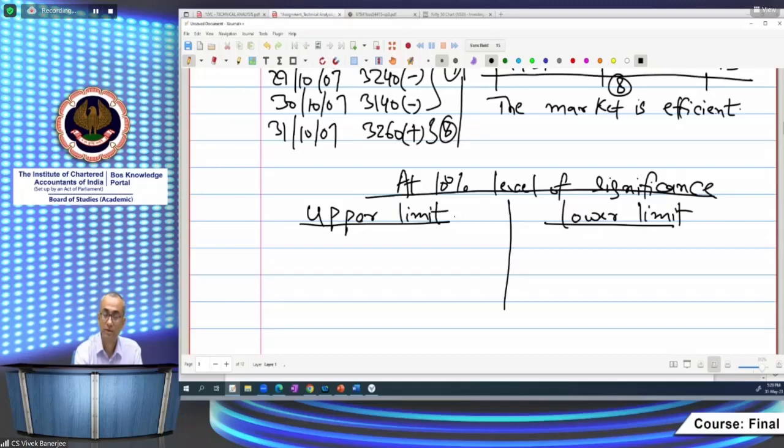The formula for the upper limit is mu plus t into standard deviation, and the lower limit is mu minus t multiplied by the standard deviation.